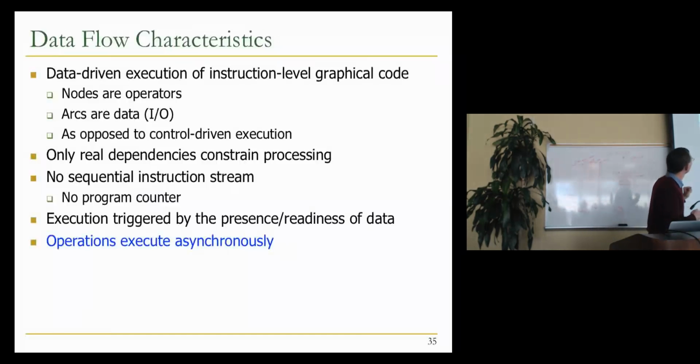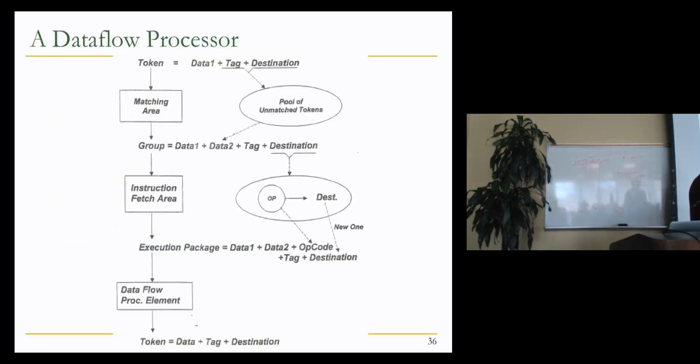Okay, so what does the data flow processor look like? This is actually very similar to out-of-order execution, except it needs to be even more complicated, I would say. Basically, this is what the pipeline kind of looks like. I'll show you an example later on. But basically, think about this as a processing element. When you execute an instruction, what it produces is a token. And a token is a packet, basically.